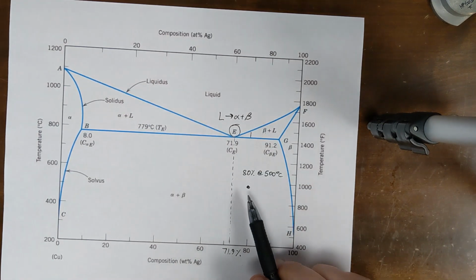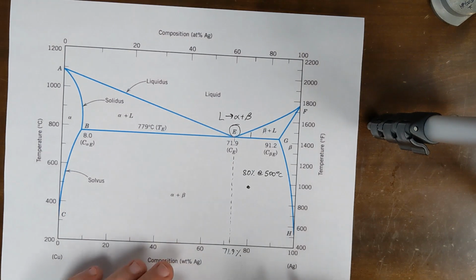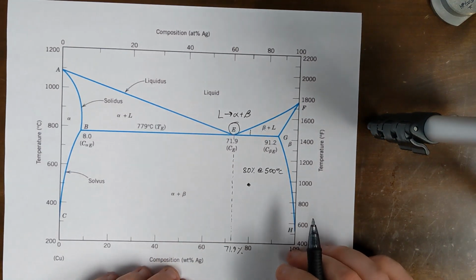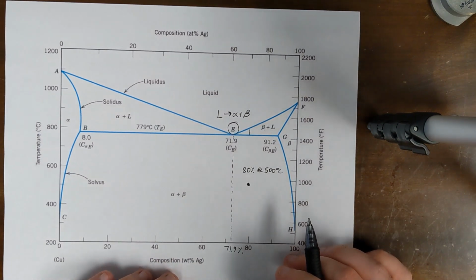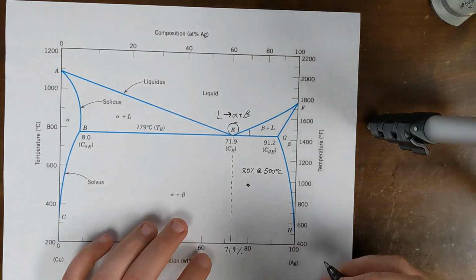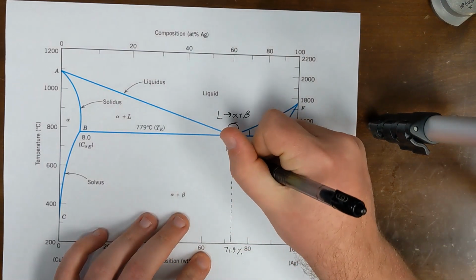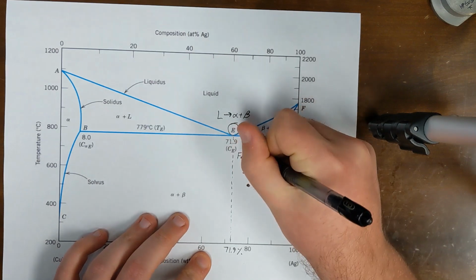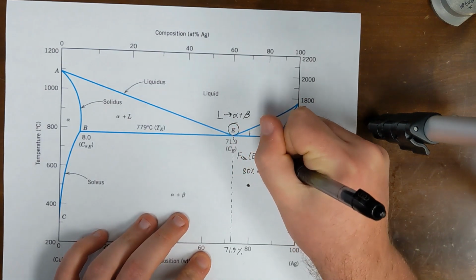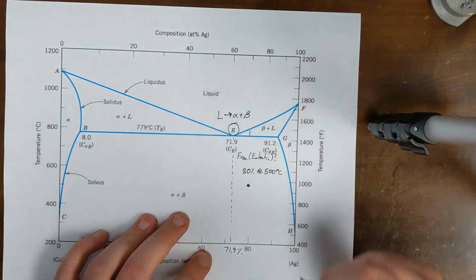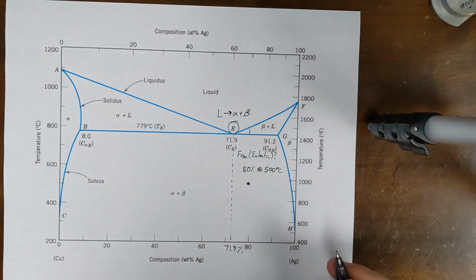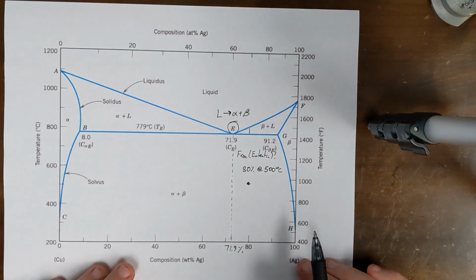So say we had these conditions and I asked you, what is the fractional amount of eutectic microconstituent versus beta microconstituent? Right? So what is our fraction of eutectic? Okay. So now we're treating it, instead of two different phases, as two different microconstituents.